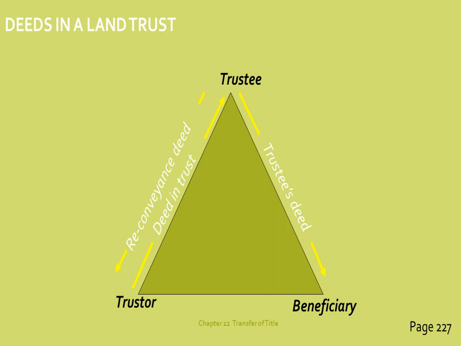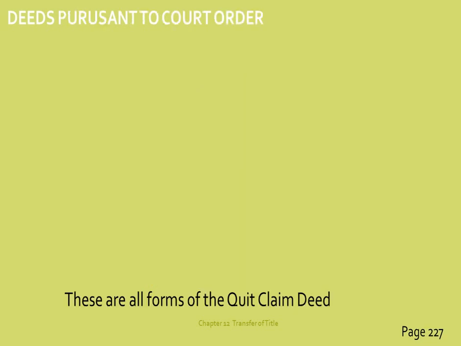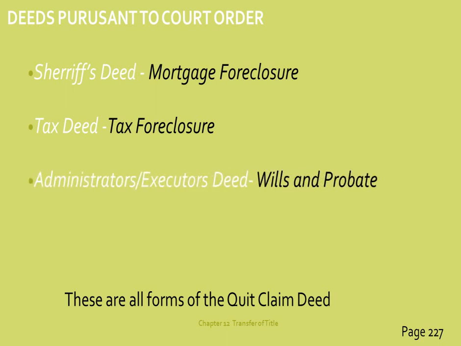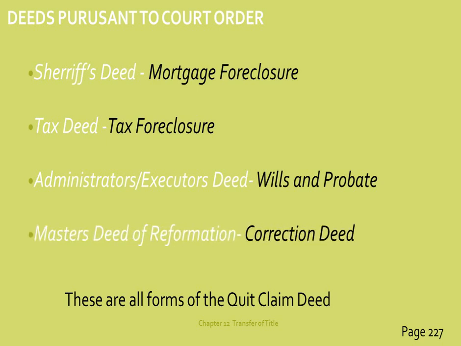Deeds used pursuant to a court order, we could call them sheriff's deeds, mortgage foreclosure deed, a tax deed, tax foreclosure, administrator's deed, an executor's deed used in a will. All of these deeds are forms of quitclaim deeds. A master's deed of reformation is a deed to correct an incorrect deed that's been recorded. Again, all of these are quitclaim deeds.